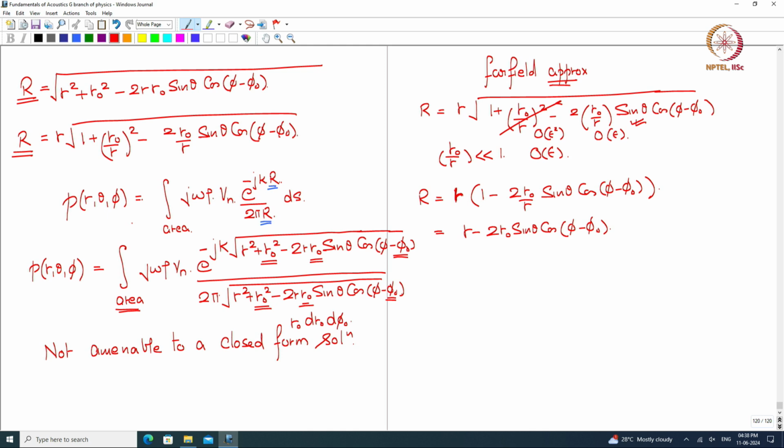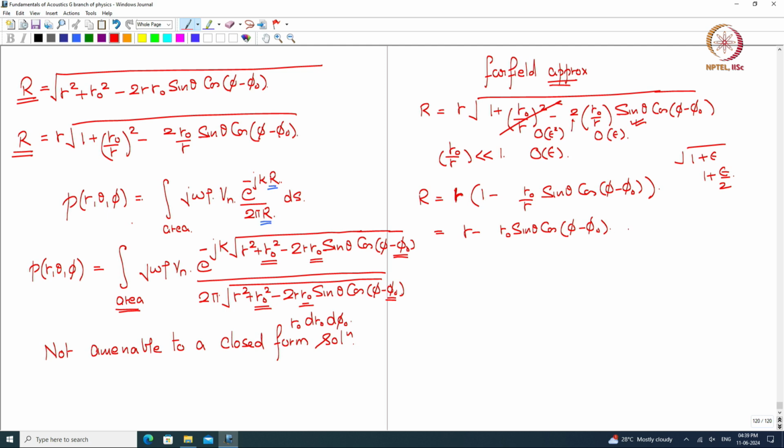Now, that is a mistake I made, the 2 goes away. Okay, the root of 1 plus epsilon is 1 plus epsilon by 2, so that 2 disappears.